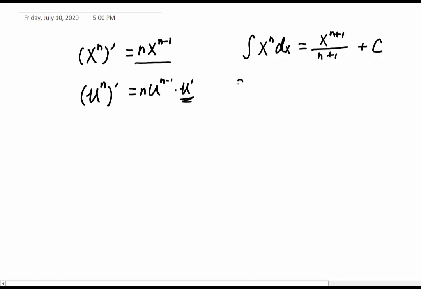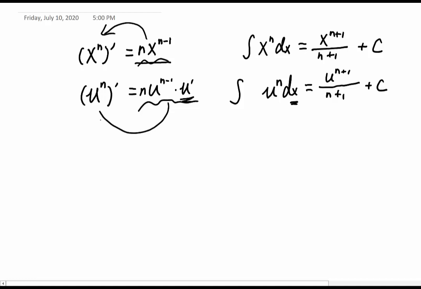Of course, we want the same format for u to the nth power with respect to x, and we wonder if we can get u to the n plus 1 over n plus 1 plus c. Of course not, right? Because if we look at what we had before, in order to go back, we must have u prime when we have a function of u.